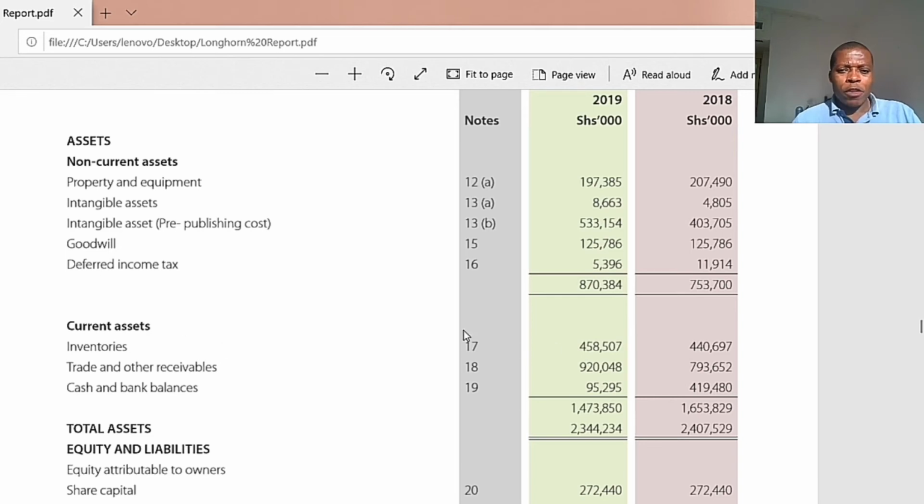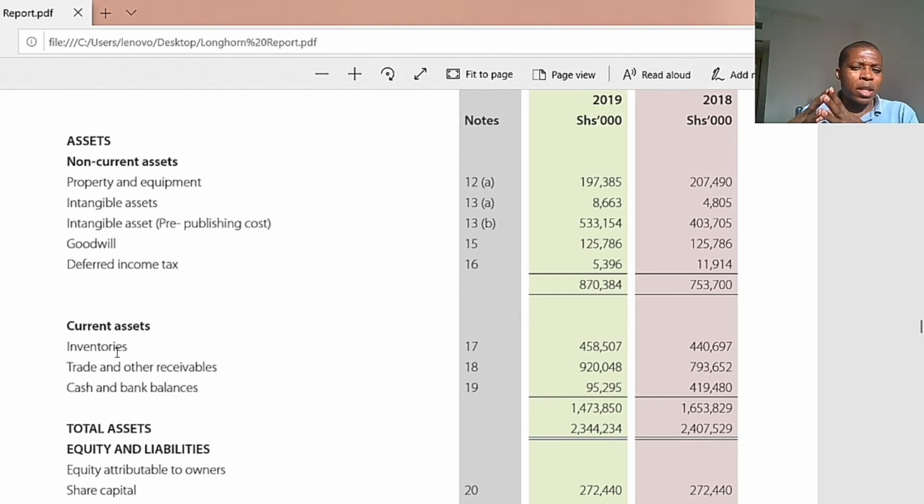we can see inventories. You can see it increased from 440 to 458. One of the things to note about inventories is that if the company's inventories are increasing over time, that is not a very good sign, because for inventories in storage, like this publishing company, it should be selling its books. So if the inventories are increasing, it means they are not selling.